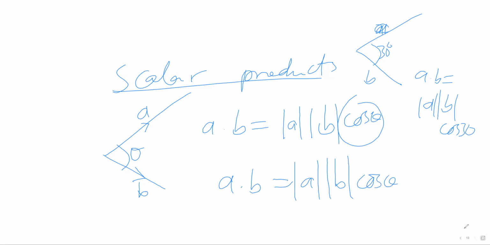But remember, this vector could be A1 plus A2 plus A3. This could also be B1 plus B2 plus B3. Let's say we're in 3 dimensions, right?